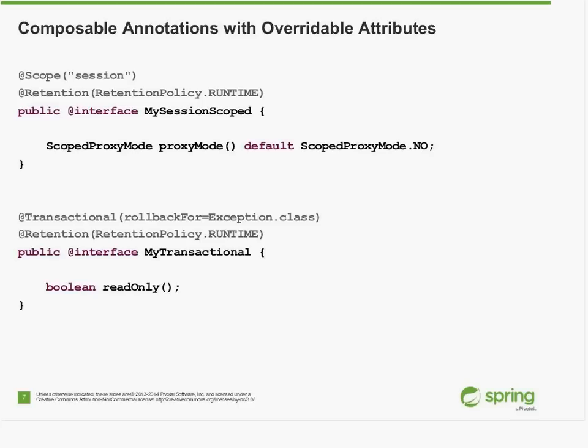Whoever declares the MySessionScoped annotation is being bound to the scope name session, but is still free to choose a proxy mode. So you can basically express a specific combination of freedom or flexible use of freedom to do a few custom things, but limitations in other respects.